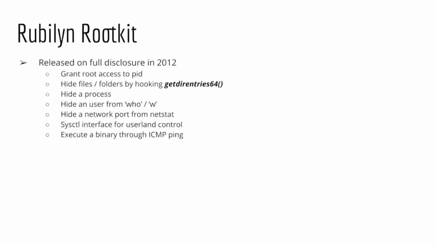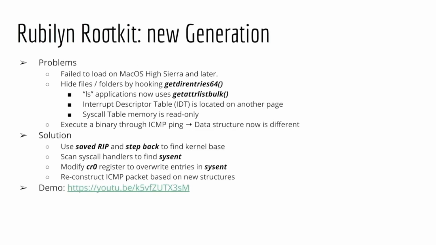In order to show how our tool works, I will use Demigod to analyze one of the famous rootkits on macOS, Rubilyn. It was released with full disclosure in 2012. It can give root to a running process, hide files or folders, etc. However, it couldn't run on a modern kernel for some reasons, such as memory arrangement, KPI changes, and a read-only syscall table.